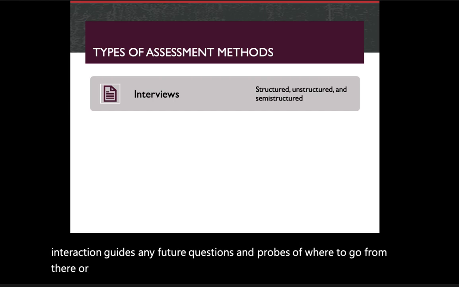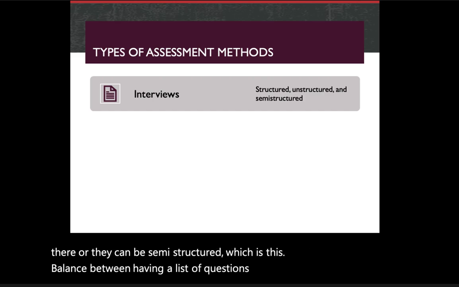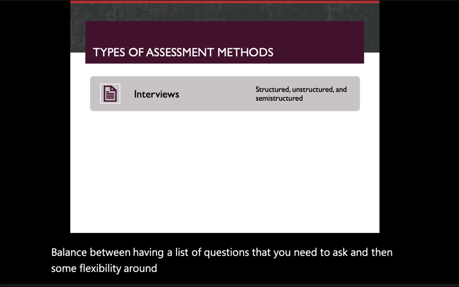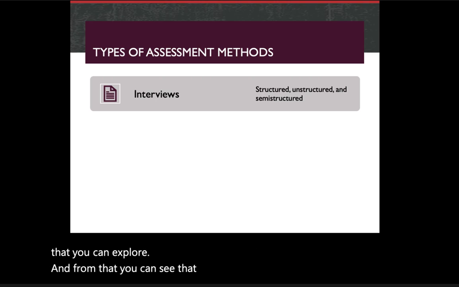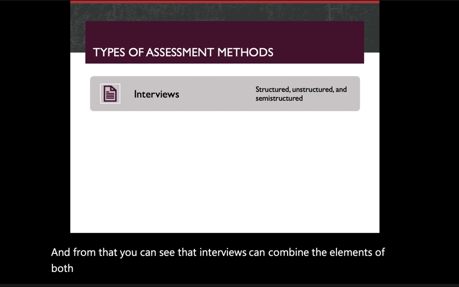Or they can be semi-structured, which is a balance between having a list of questions that you need to ask and some flexibility around probing questions and additional areas of interest that you can explore. From that, you can see that interviews can combine the elements of both standardization and non-standardization, depending on what you're interested in.